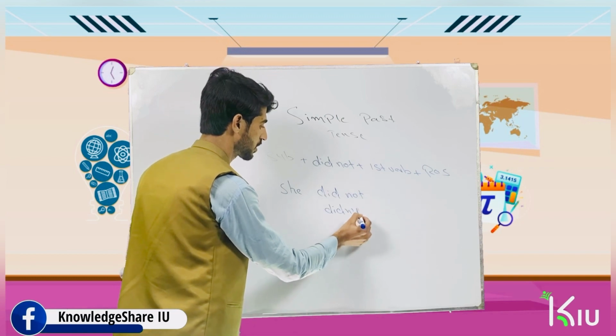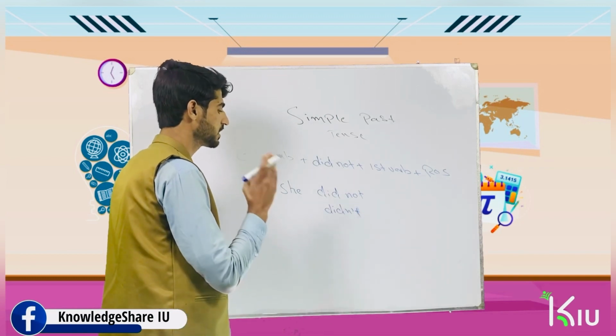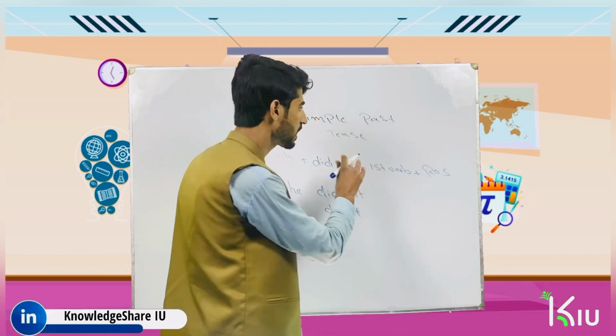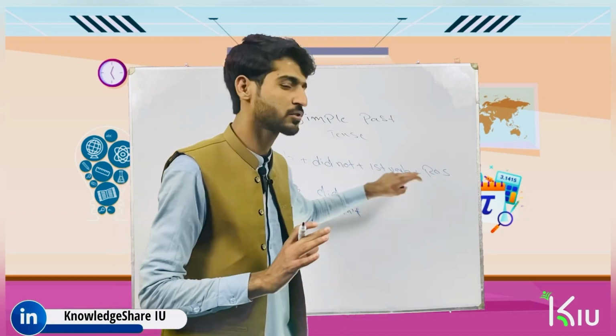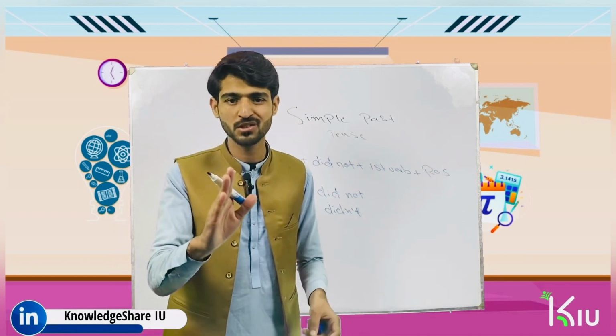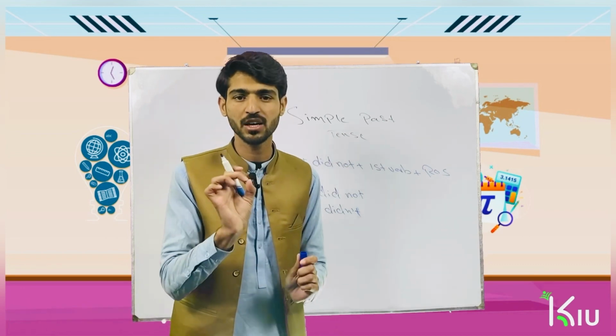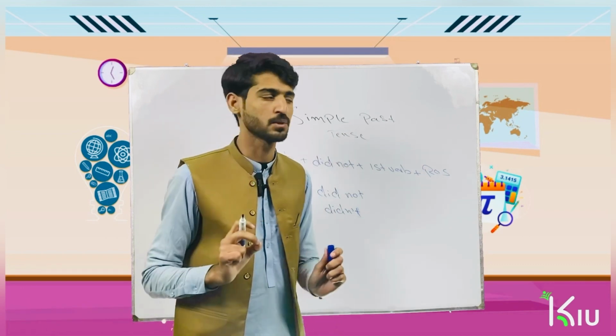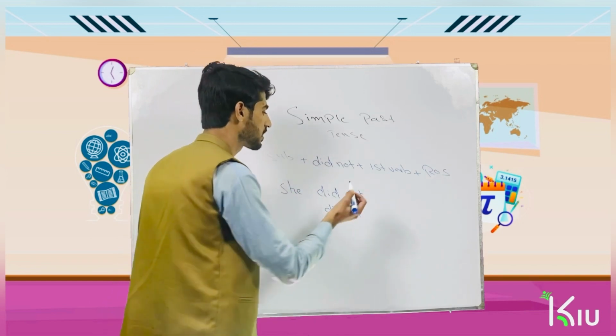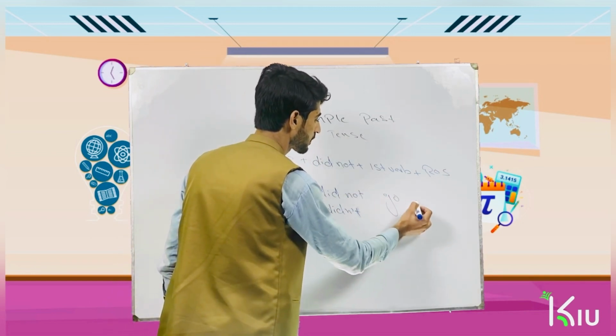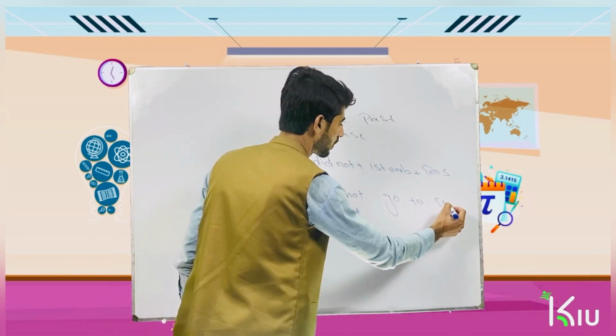This is called a contraction. Okay, she didn't. Then now we will use the first form of the verb. In positive sentences we were using the second form of the verb, but in negative we will use the first form of the verb. So she did not, for example, go to school.